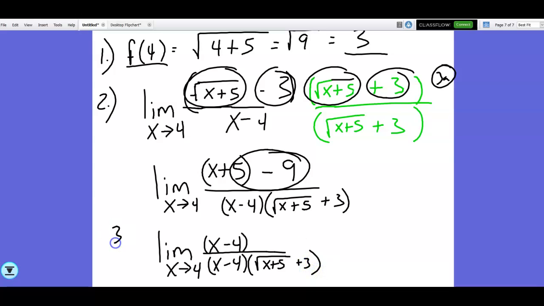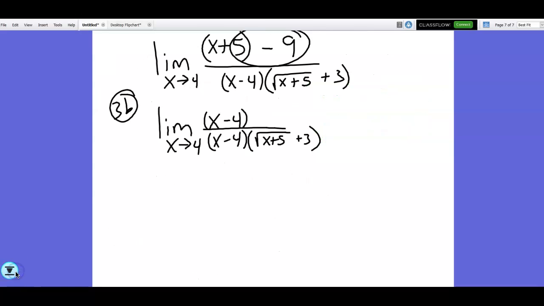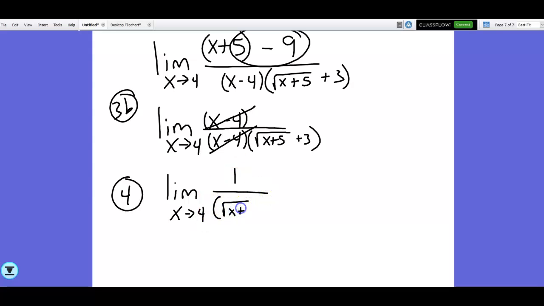All right. And then after that, we can go ahead and remove the discontinuity. These will cancel out. Boom and boom. And that's actually step 4. So for step 4 then, after canceling that little thing out there, we have 1 over the square root of x plus 5, plus 3.